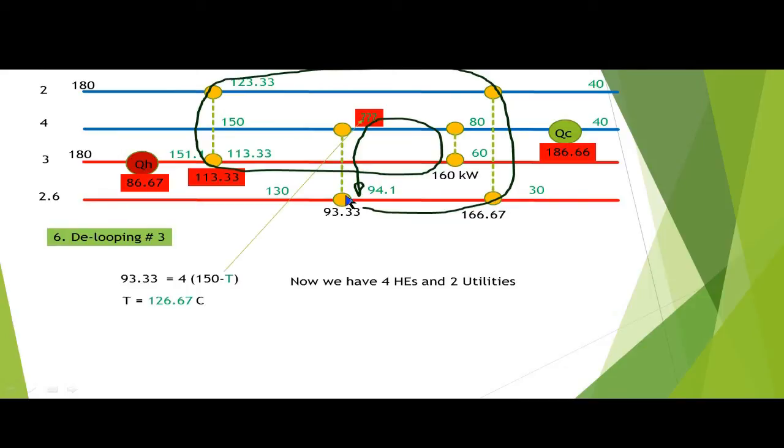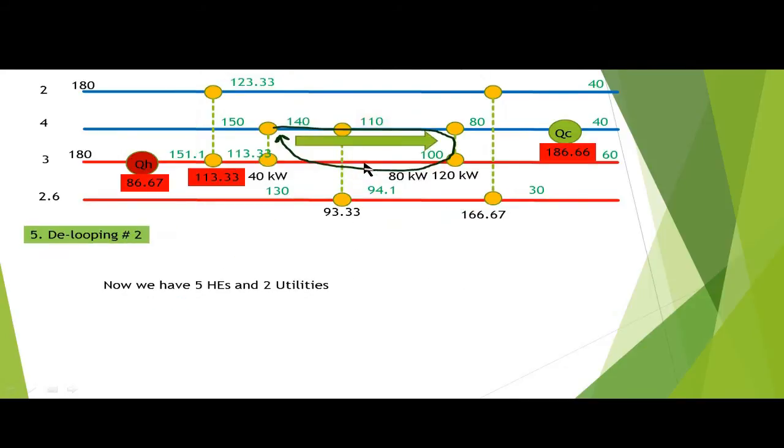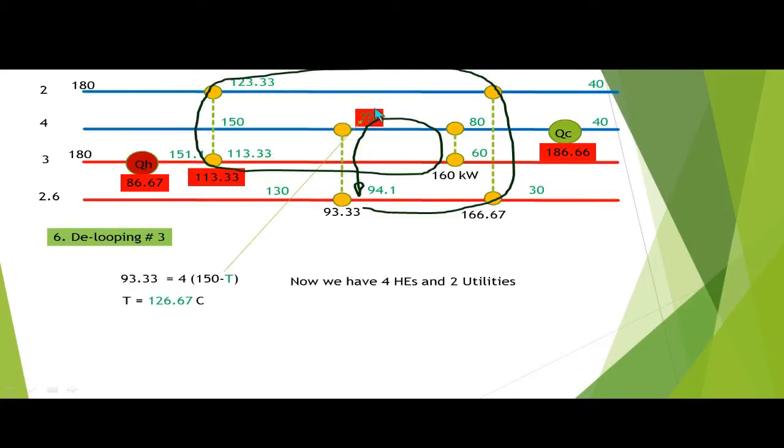Okay, we do loop breaking number 2 by moving this to that one. When I'm moving this to that one, what happened? Of course, the temperature will be something that you don't know.